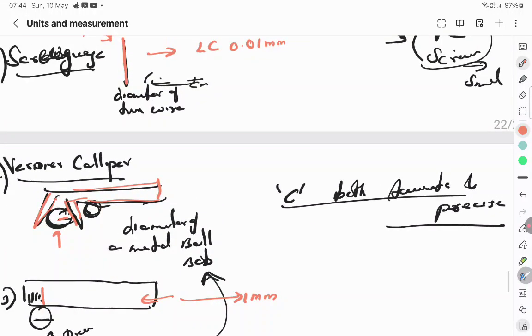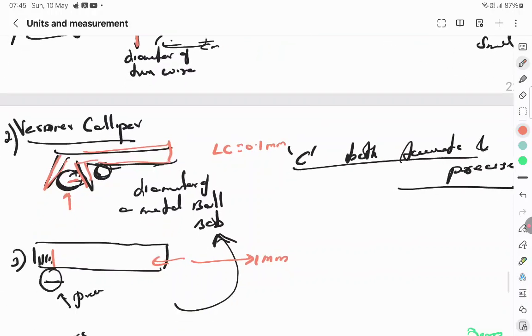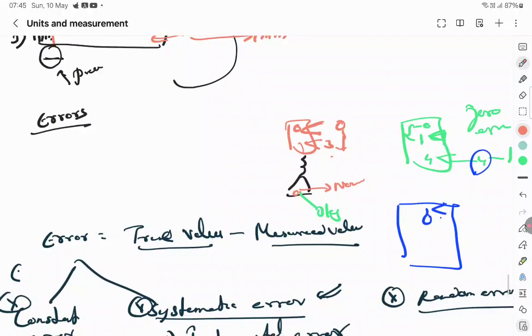And for a vernier caliper, the least count will be 0.1 millimeter. So depending on what you want to measure, you choose the right instrument, and it will lead you to a precise value. And errors can be avoided.